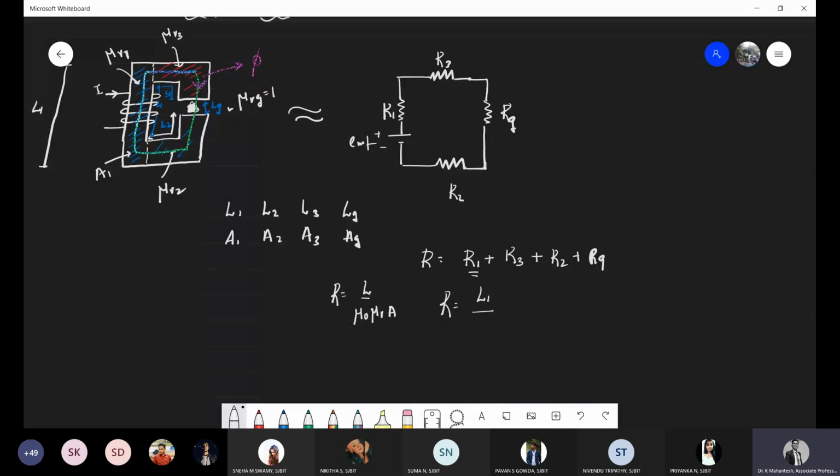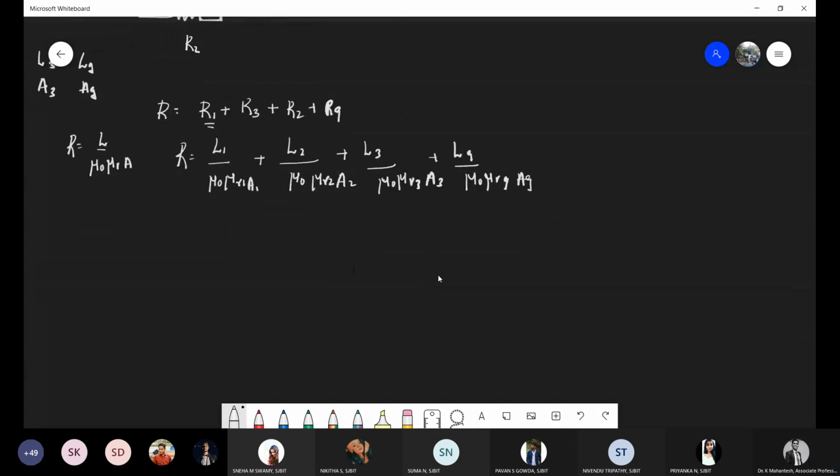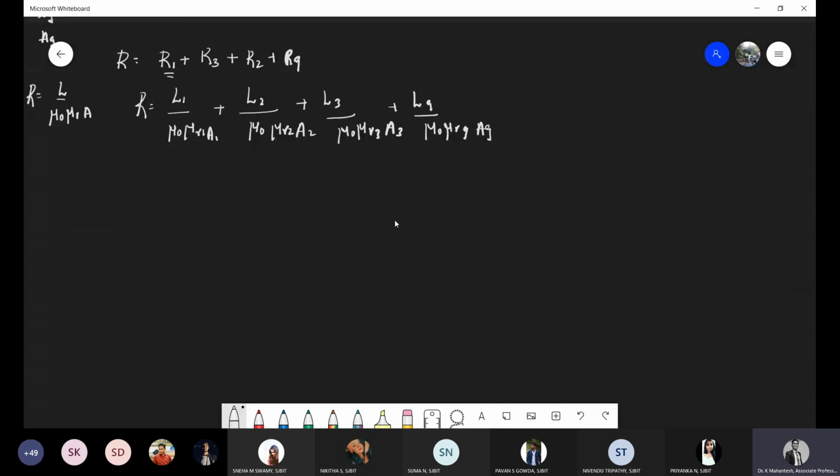It is L1 by mu naught, which is constant, but mu R is mu R1, into area of cross section of material 1, plus L2 divided by mu naught mu R2 A2, plus L3 divided by mu naught mu R3 A3, plus Lg divided by mu naught mu Rg Ag.